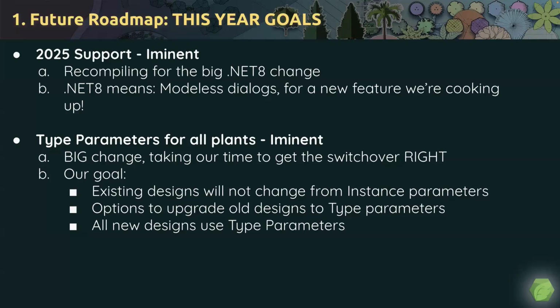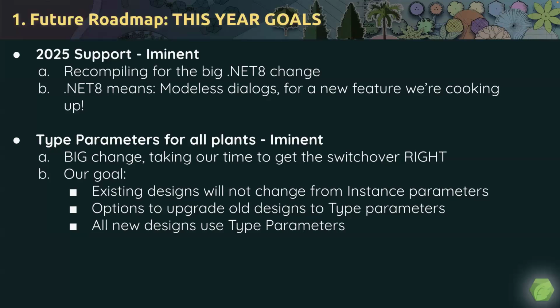Right now most of the work that we're doing is working out how to switch over all of your existing projects. Our goal, and by the way, this is going to be again within a month, is that existing designs will not change. We will be able to see that and not immediately change them to type parameters.